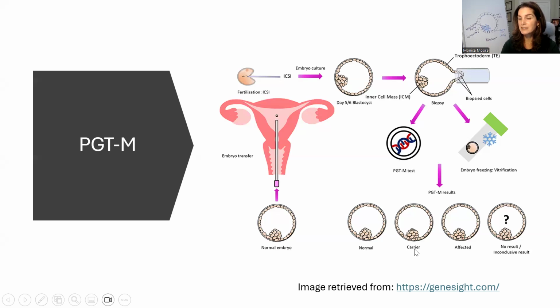But if you have, let's say, a carrier that's euploid and the only embryos you have that are euploid are carriers, that couple may choose to transfer the embryos back with just genetic counseling to know what it means to be a carrier. Again, the parents were carriers, which is why they're doing this. So if the only option for the euploid embryos is that they're a carrier, then that would be helpful to know.